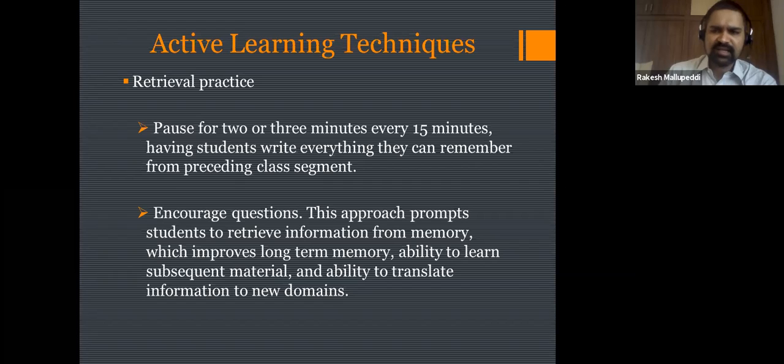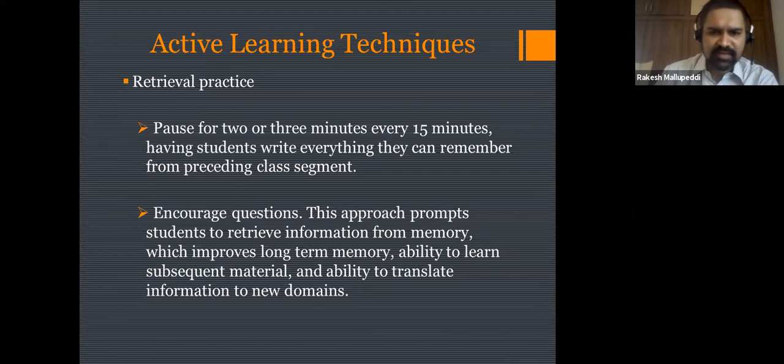But again, both of them involve giving the students a couple of minutes to retrieve what they have learned, write what they have learned. So we are using all the elements of active learning, where they're thinking, listening, writing, reflecting, asking questions, and talking.